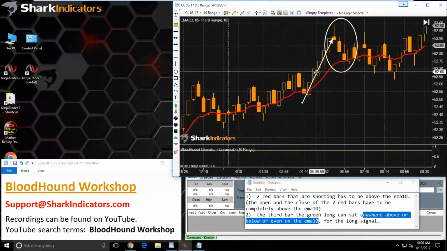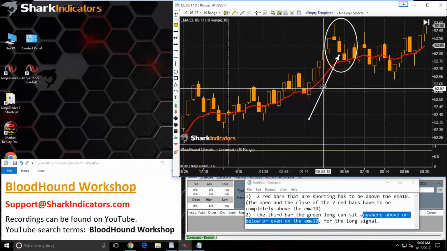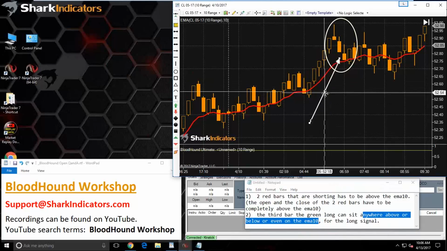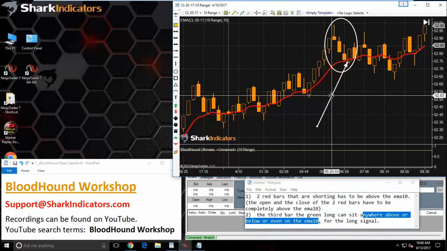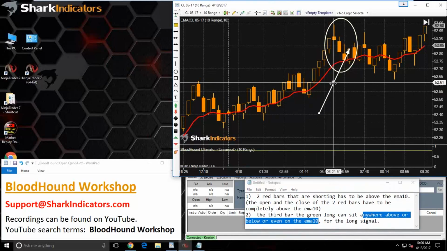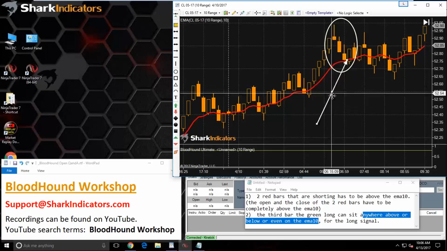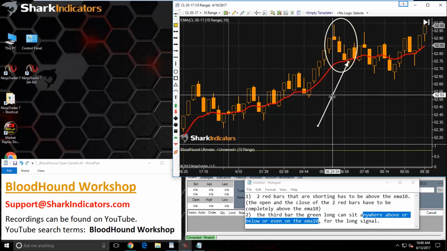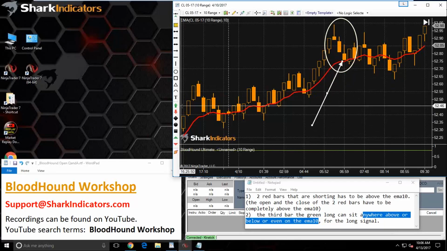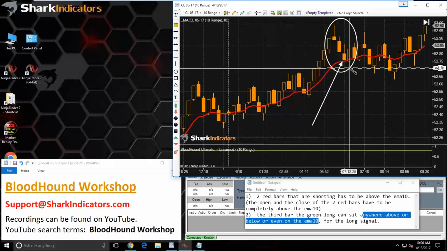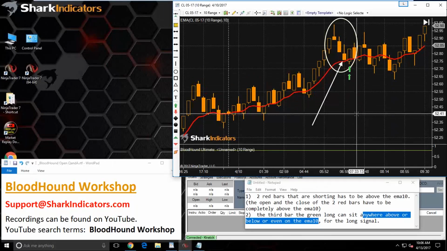Like in this example, we have 3 down bars, and the last 2 are above the EMA 10. Then our third, our reversal bar here, did break that EMA, but that's okay. The signal that's wanted is on the reversal bar.